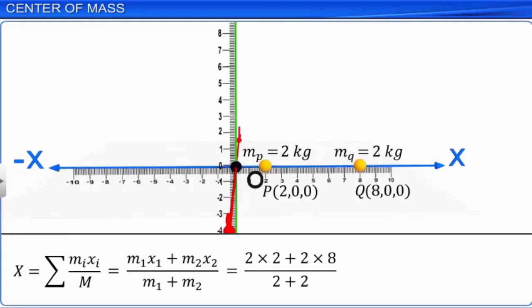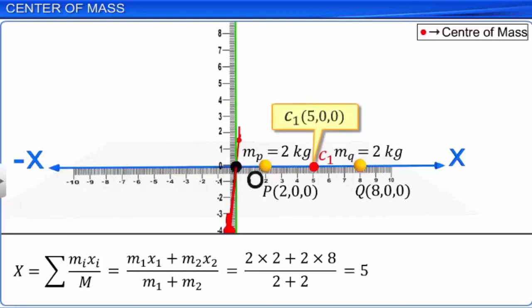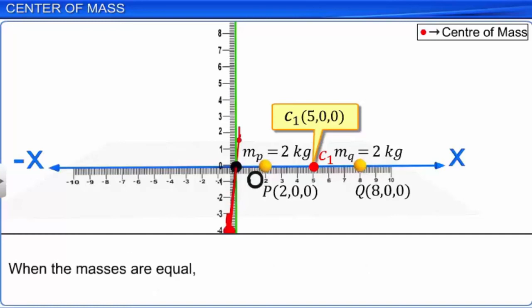The location of the center of mass is C1, 5, 0, 0. Note that when masses of both particles are equal, x is a simple average of x1 and x2. What happens to the center of mass if the mass of the second particle is increased to 6 kg?